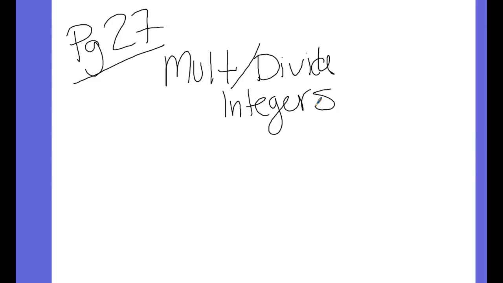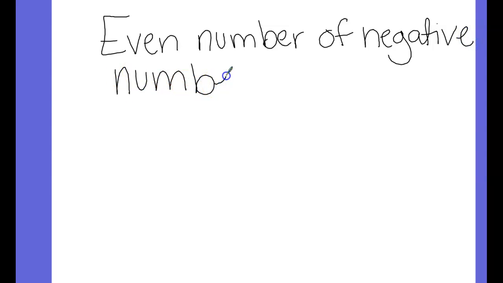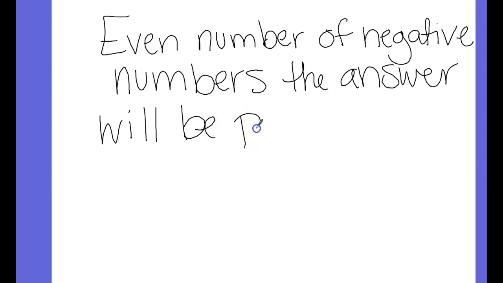So in your table of contents, you write that. Then when you turn to page 27, we're going to write: even number of negative numbers, the answer will be positive.